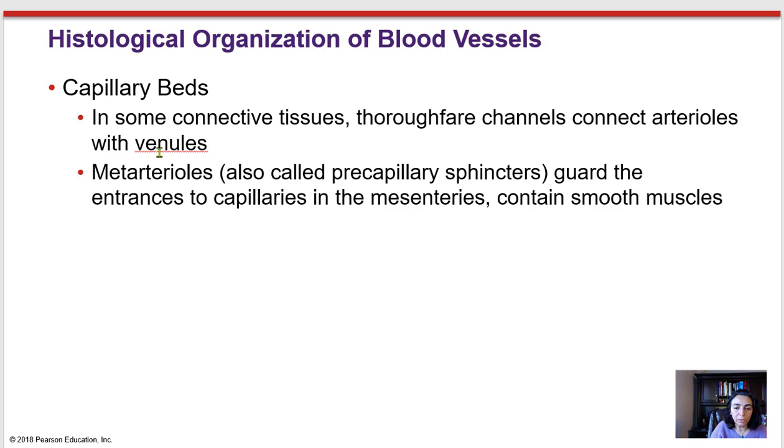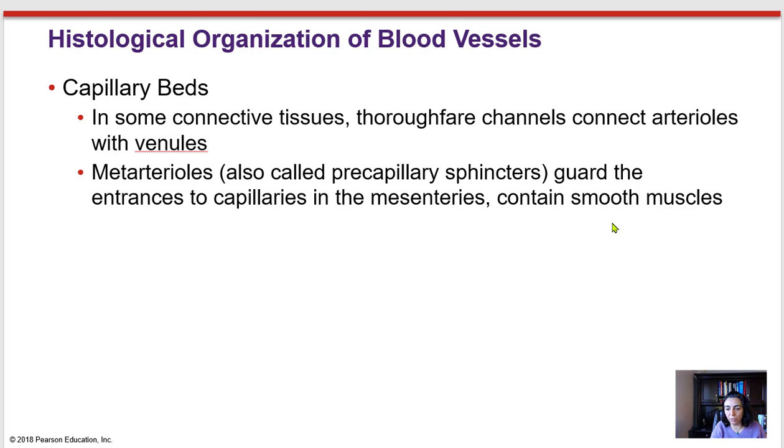Then the other thing is that in some connective tissues we have thoroughfare channels that connect arterioles with venules, as we said. We also have another term for precapillary sphincters in some areas, for example in the mesenteries inside the abdomen: metarterioles. So metarterioles are exactly the precapillary sphincters in some areas of the body that guard the entrance to the capillaries, as we discussed.